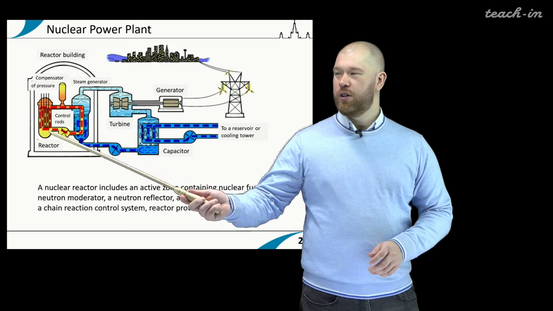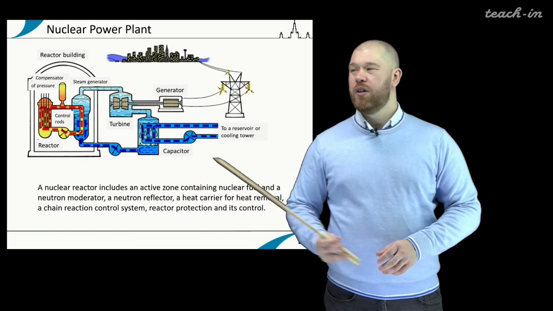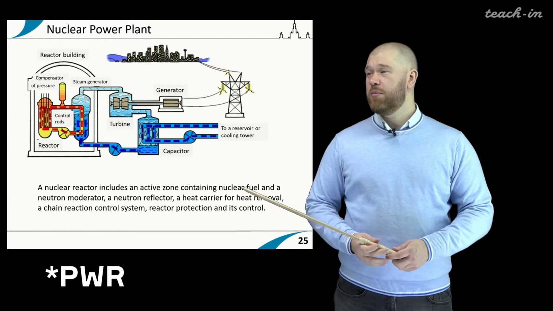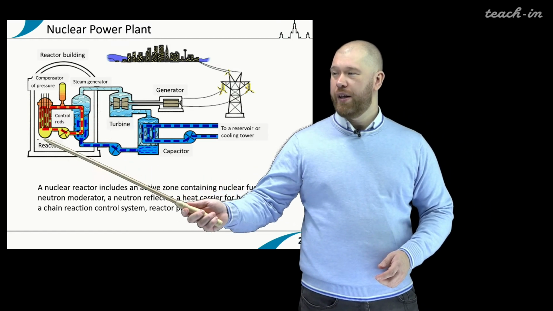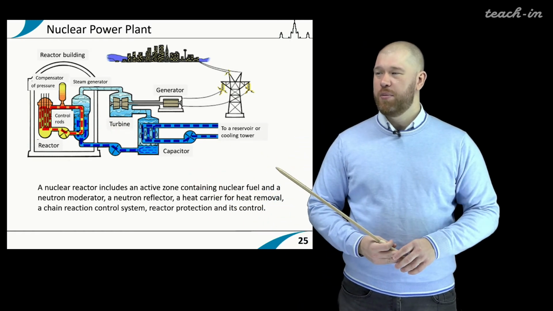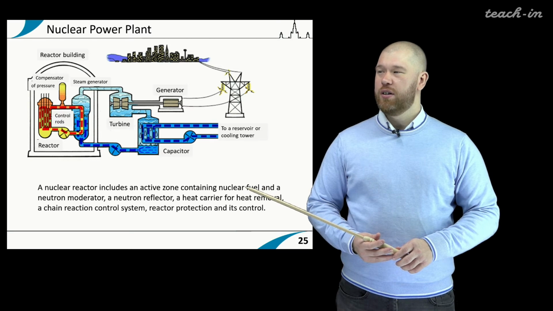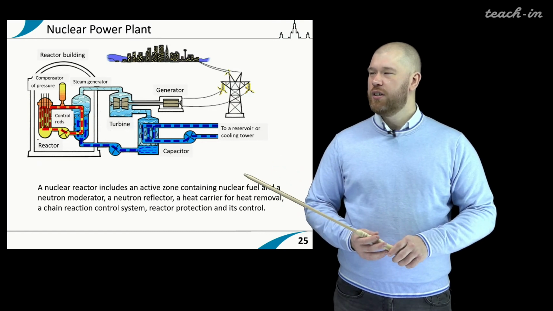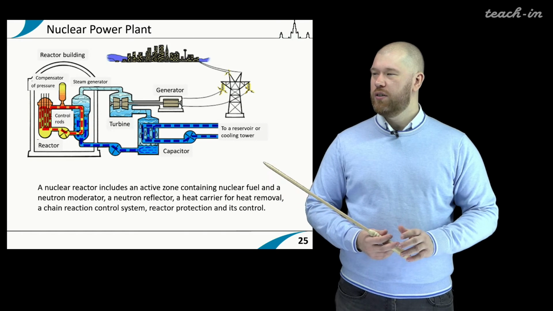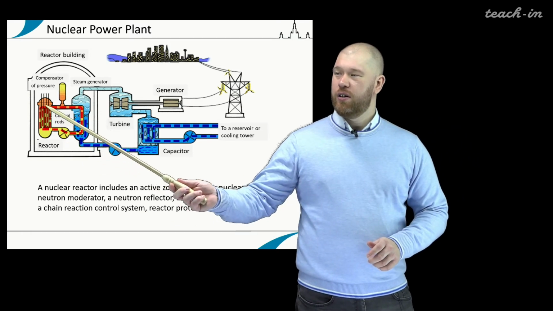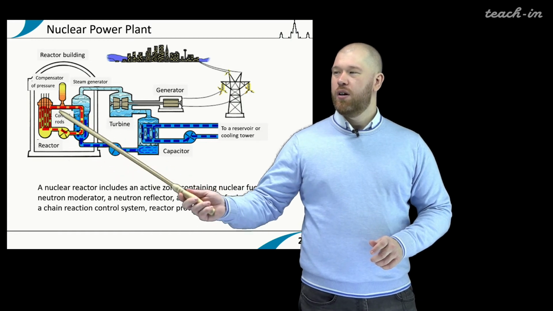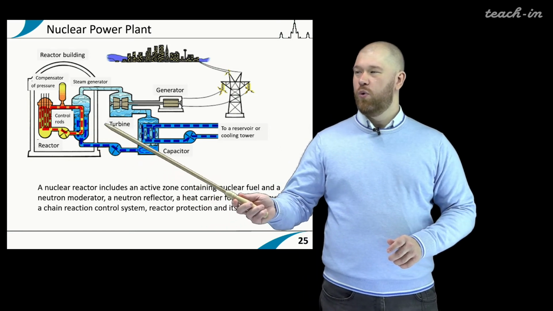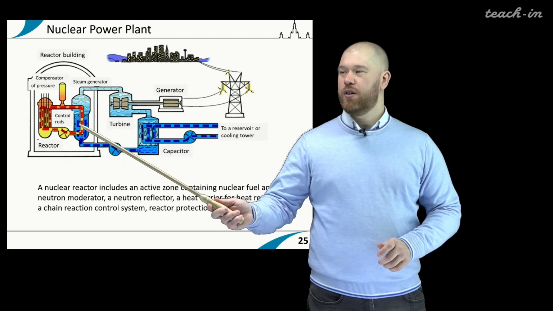In reactors of VVR type, the reactor vessel is a hermetic vessel, so water is heated to very high temperatures of 300 degrees under a pressure of 150 atmospheres, and this very hot water goes to the heat exchanger, where water in another contour circulates.